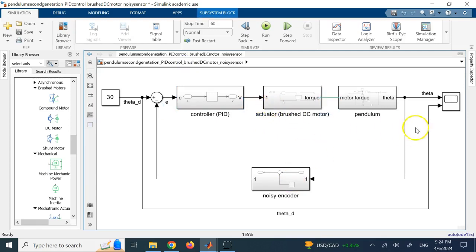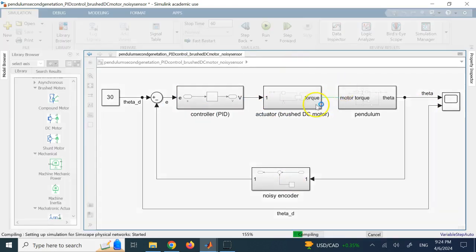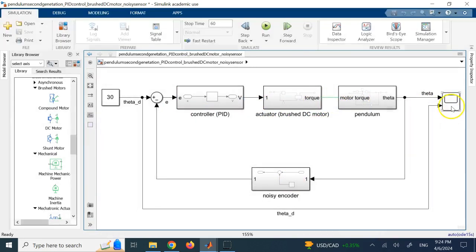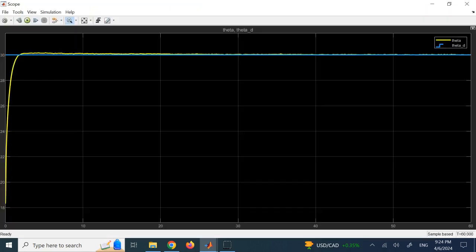Okay, so I implemented everything for you so you can see it, and then we simulate the system for 60 seconds. Now I added some efficiency. Let's see if it's still going good. So the blue one is the desired 30 degrees, and the yellow one is the actual theta.